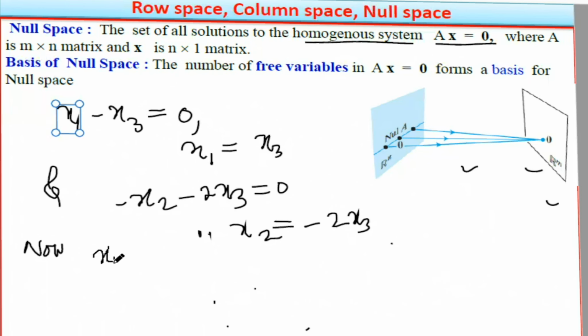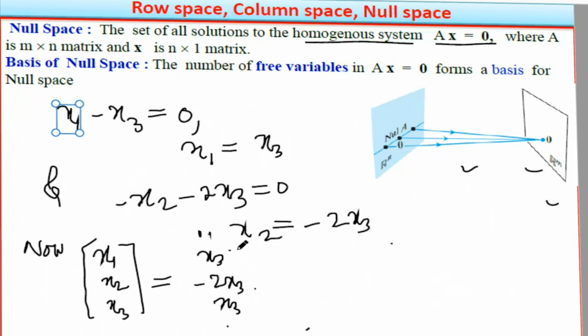Now the vector x1, x2, x3 can be written with x1 equal to x3, x2 equal to minus 2x3, and x3 equal to x3.